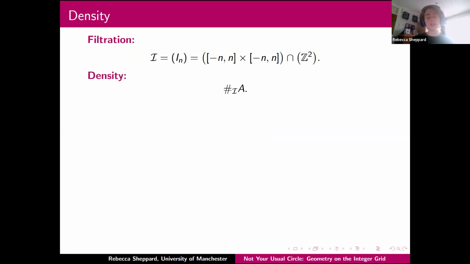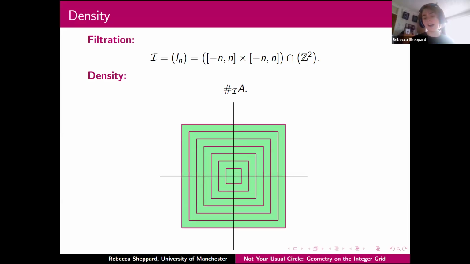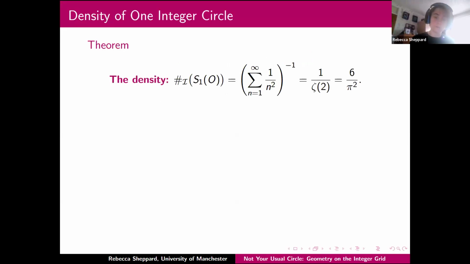We notate the density as a hash symbol, in the lowercase we have our filtration here, curly I, and the name of the set A. This is one of the terms in our filtration, and as we go through this little animation, we can see how this filtration grows, and you can intuit that this is exhaustive. It will eventually cover all of Z squared.